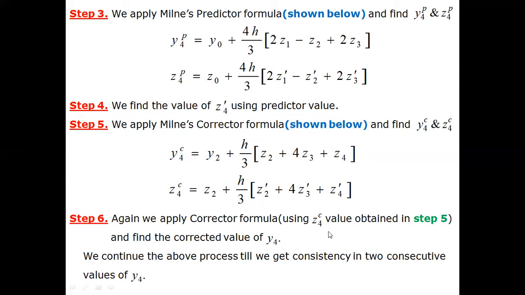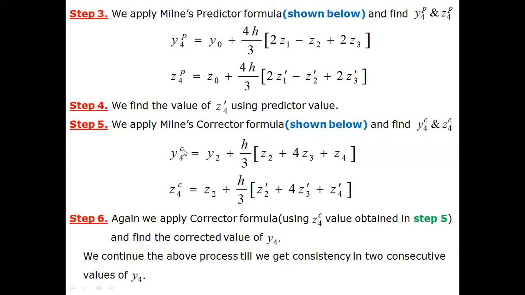While repeating, earlier while calculating z4 we used the predicted value obtained in step 3. Now, while calculating the corrected value again, in place of this z4, I will use the corrected value obtained in step 5. See, using the z4c value obtained in step 5 in this.